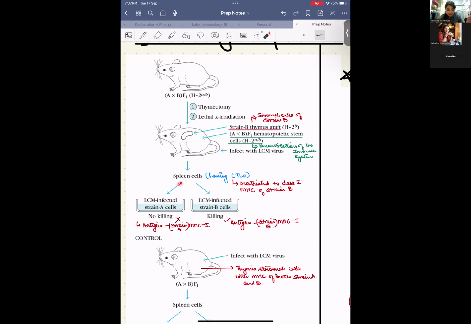Now if we isolate these T cells and subject them to LCM infected A and B cells, strain A cells will have strain A MHC and strain B cells will have strain B MHC. The CTLs that we could isolate, because the thymus was of strain B, are restricted to MHC of strain B. Since they are restricted to MHC of strain B, they could only bring about killing when we have LCM infected strain B cells.